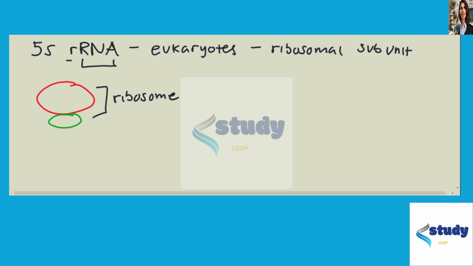Okay, so the 5S rRNA is located in the large ribosomal subunit. And so the question is asking what is responsible for synthesizing the rRNA, specifically this 5S. And so let's go through the answer choices and eliminate those that are not relevant to this question.